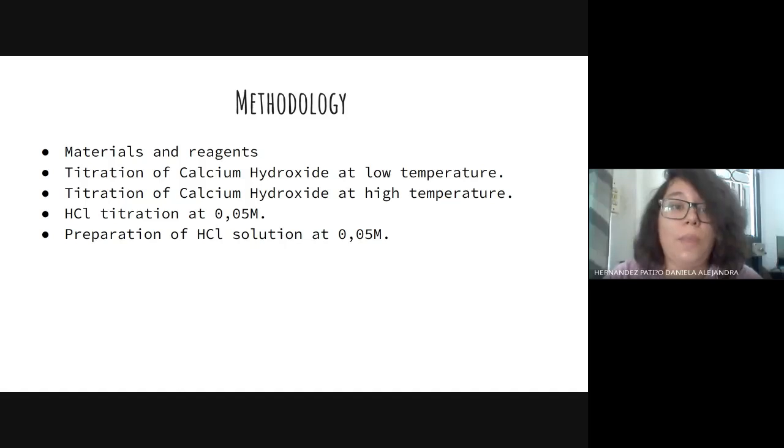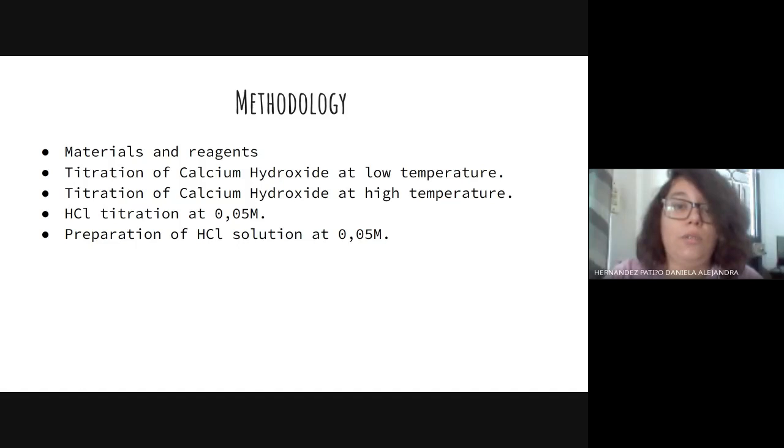The last one is the preparation of the hydrochloric acid solution at 0.05 molar. Then we calculate the milliliters of concentrated acid that we used to prepare the 0.05 molar hydrochloric acid solution.